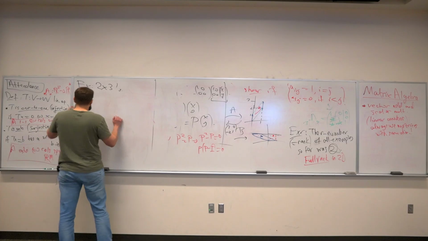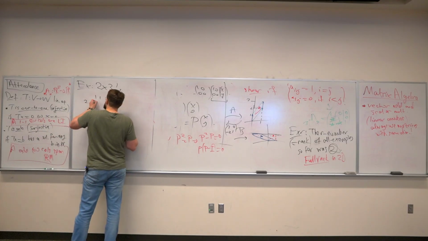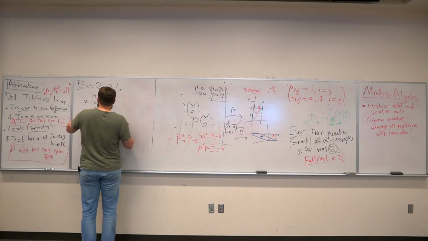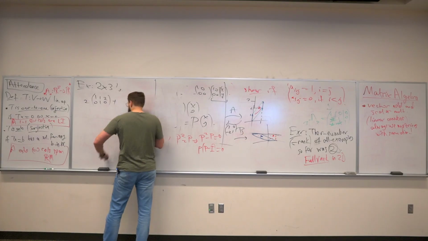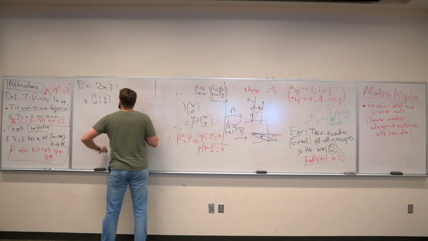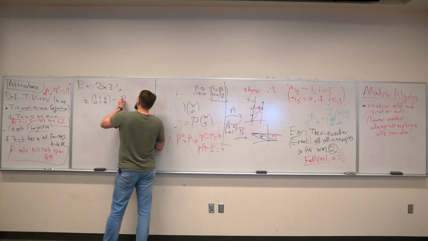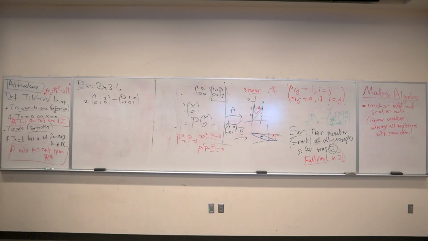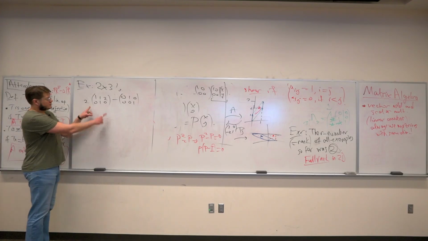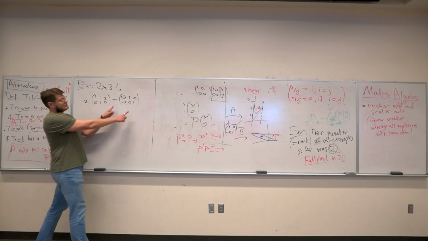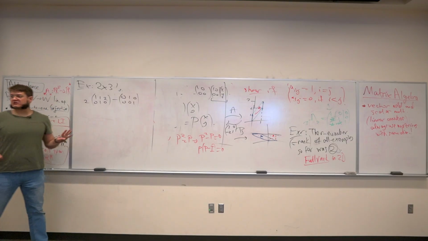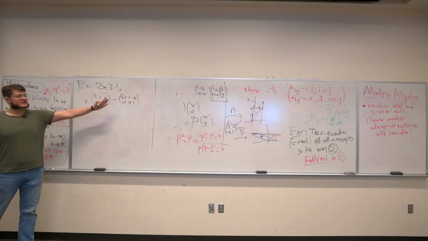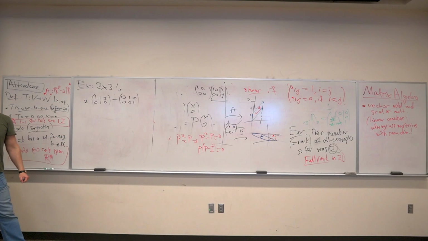For instance, I can do this: 2, 1, 1, 0, 1, 2, 0, plus or minus 0, 0, 1, 0, 1, 0. These kinds of things are valid. I'm thinking of this 2 by 3 and this 2 by 3 as vectors in and of themselves, and this is a linear combination of two 2 by 3s.